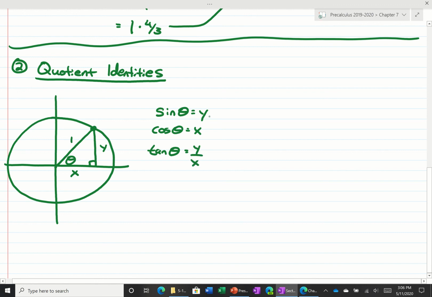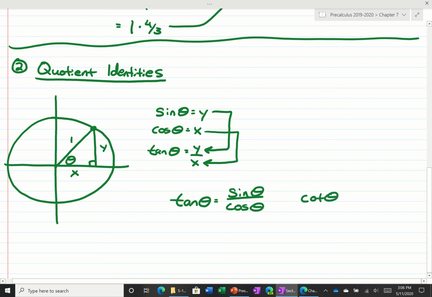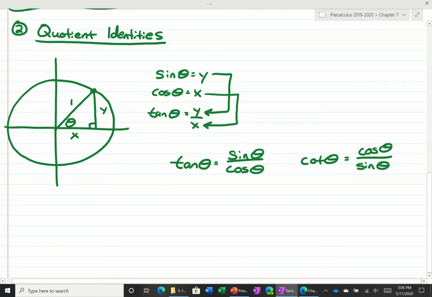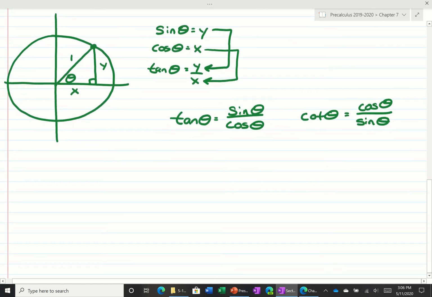Well, y was sine, so we could just plug that in right there. Cosine was x, so we could plug that right there. So really what we're saying is that tangent is equal to sine over cosine. And similarly, cotangent, if they're reciprocals, cotangent would just be cosine over sine. Those are your quotient identities.